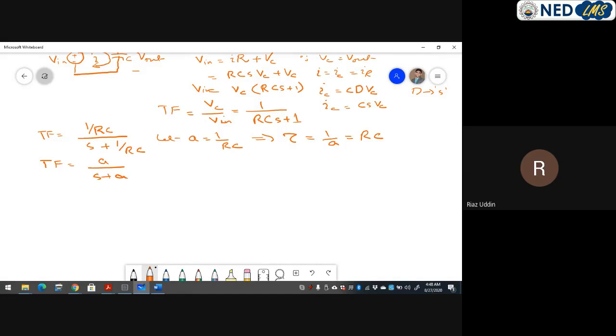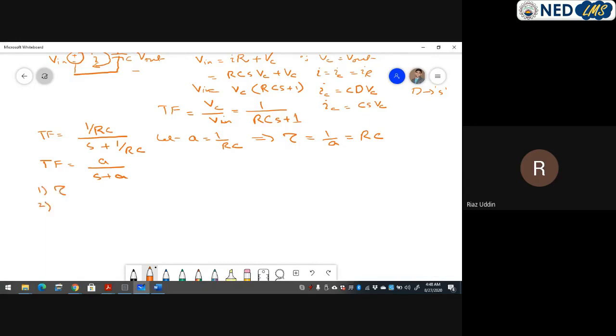As we all know, tau is the system characteristic parameter, which tells that a particular system at its certain time tau achieves 63% of the desired output. So one of the time domain characteristic parameters could be tau.